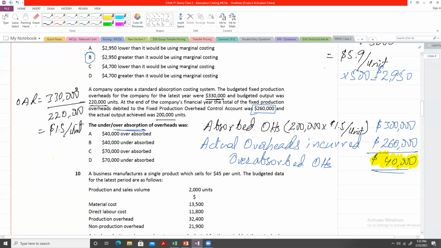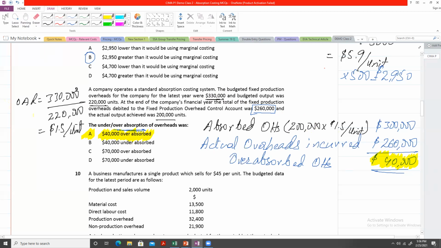Since overheads are over absorbed by $40,000, A is the correct answer to this one. Now, what we did in this question: we were given the actual overheads, the budgeted activity level and the budgeted fixed overhead cost.